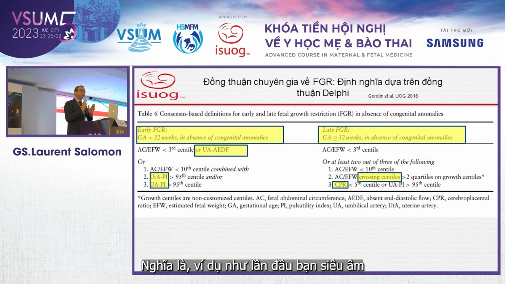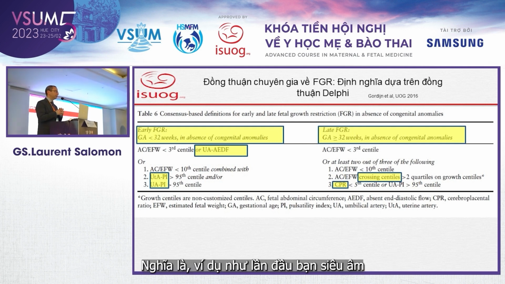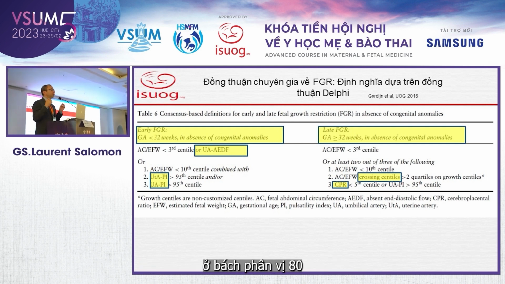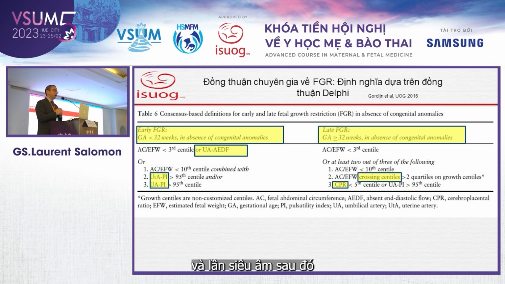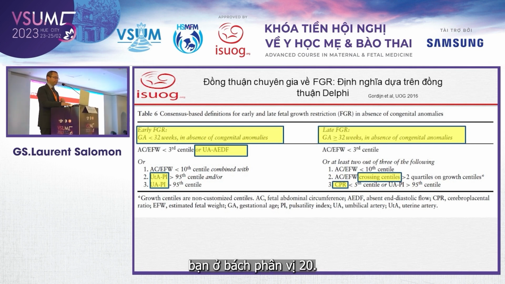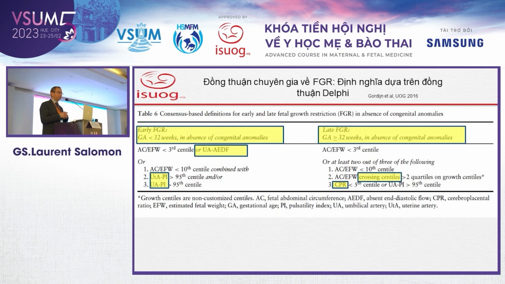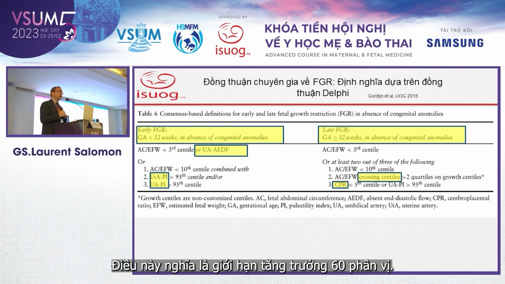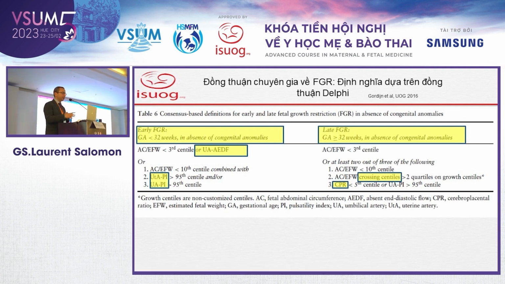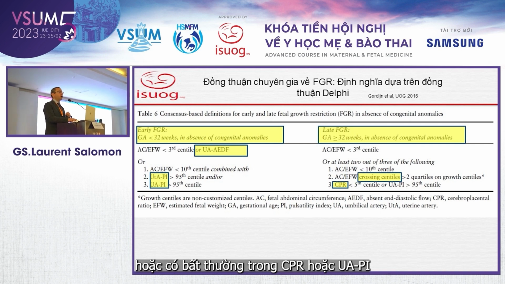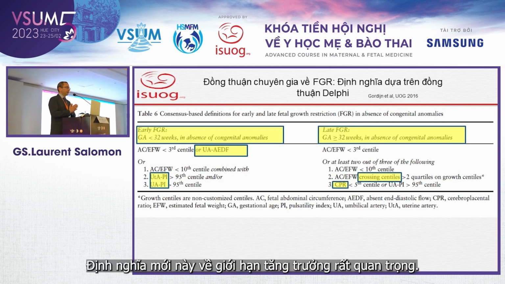It means, for example, on a first ultrasound examination, you are at the 80th centile, and then at another ultrasound examination, you are at the 20th centile. So it's a drop of 60 points. So that defines, again, growth restriction, more than 50 points of centile, or having a cerebral placental ratio or an umbilical artery PI that is abnormal. So this is the new definition of growth restriction.